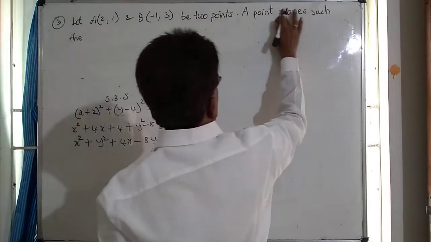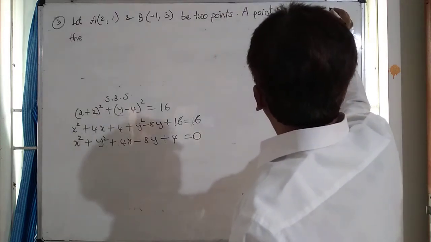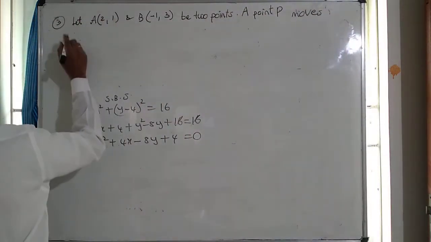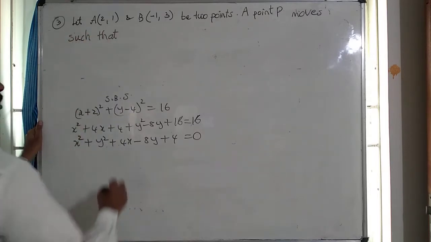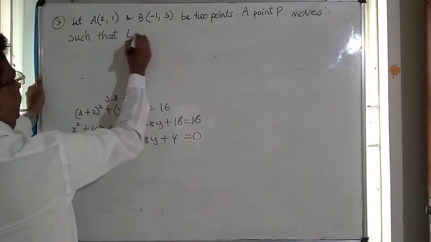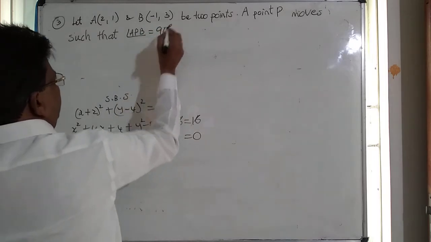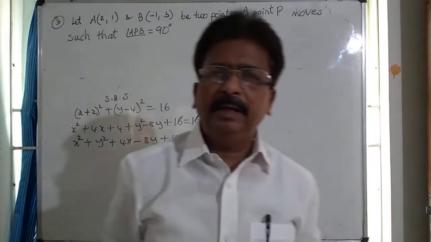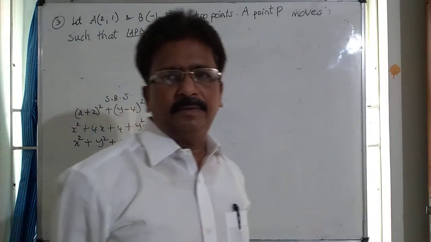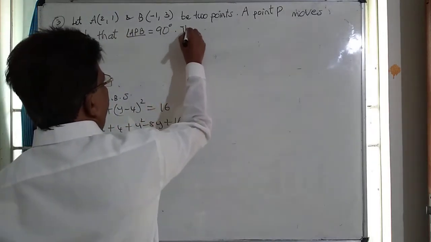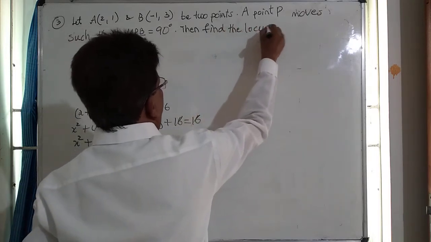A point P moves such that angle APB is equal to 90 degrees. Angle APB, the angle at P is 90 degrees. The point is moving in such a way. Then find the locus of P.